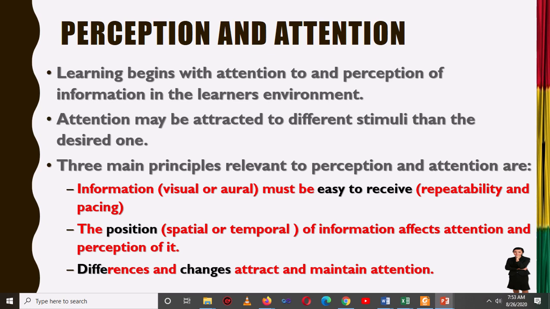So that is it. Now, there are 3 principles for attention and perception. One, the information must be easy to receive. That is the pacing, the rate at which you go. It should be reasonable enough for the learners to receive.